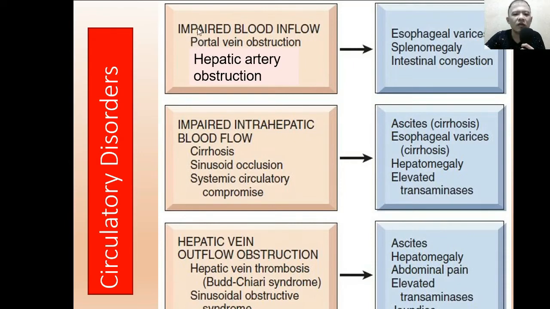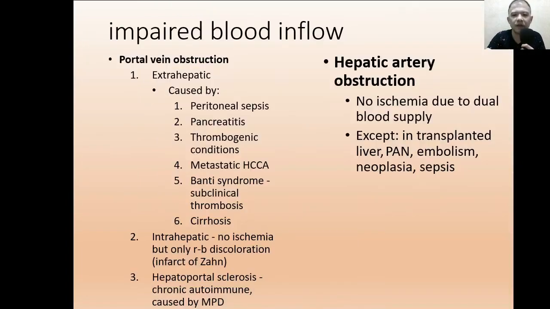You have the portal vein and hepatic artery. This one is the sinusoids. This one you have the hepatic vein, and also the sinusoids. With the clinical manifestations, these are very much similar.